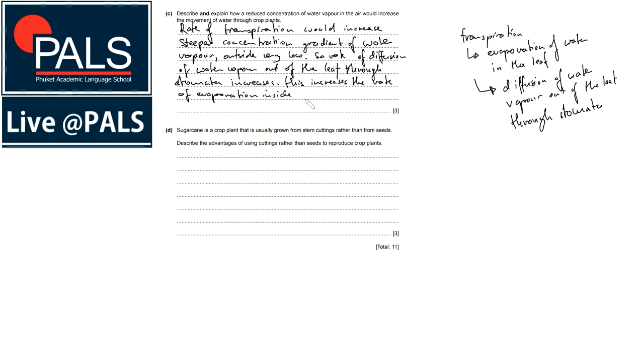This will in return increase the rate of evaporation inside the leaf, and more water moves up the xylem by transpiration pull.